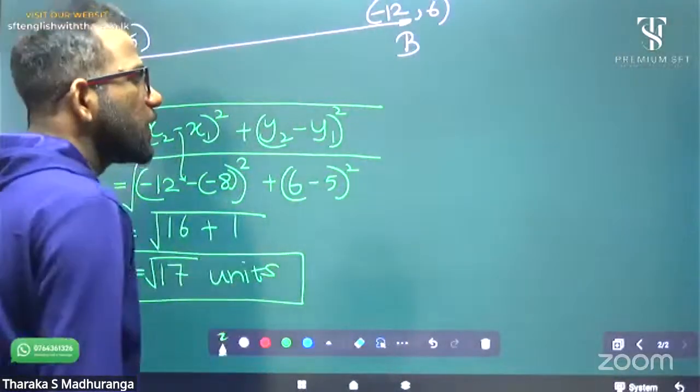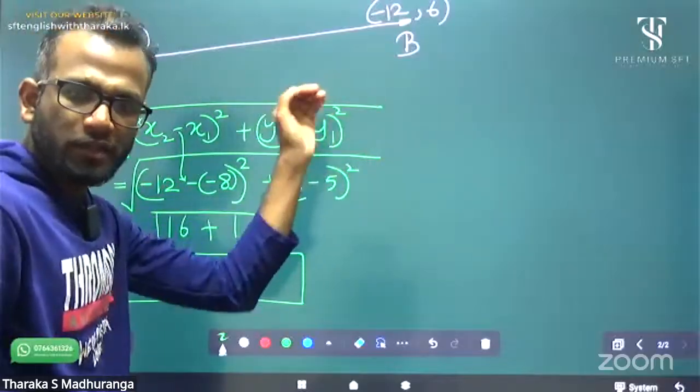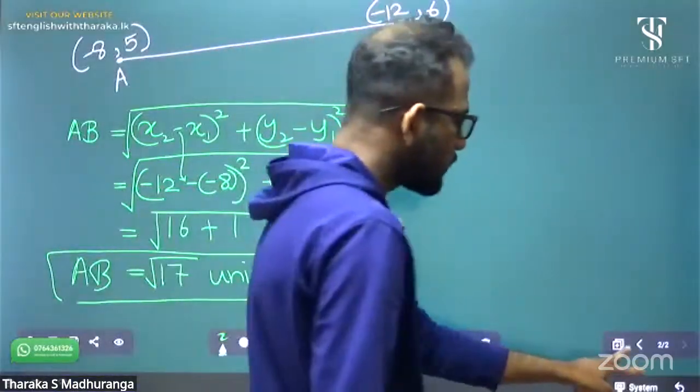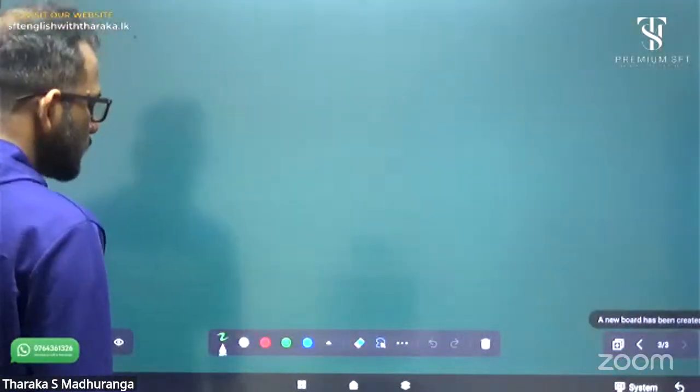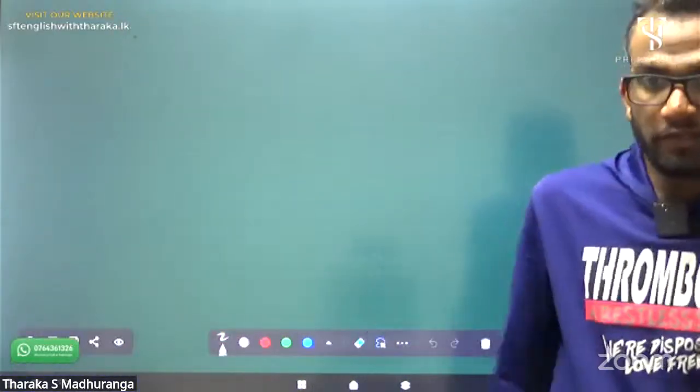Let's move into our next topic. What is our next topic? Last week I gave you the summary of the order of the lesson. Okay, let's move into our next topic, the midpoint coordinates of a straight line. That's the next lesson, right?